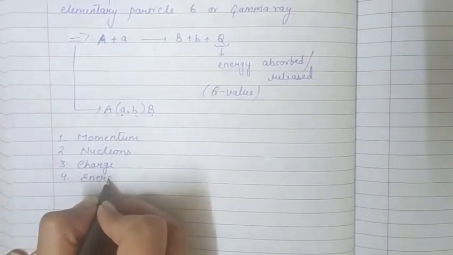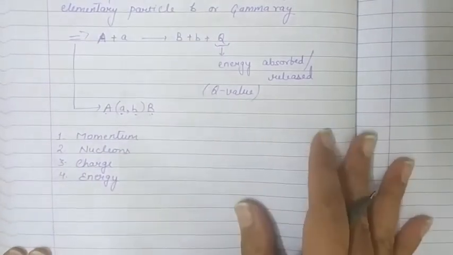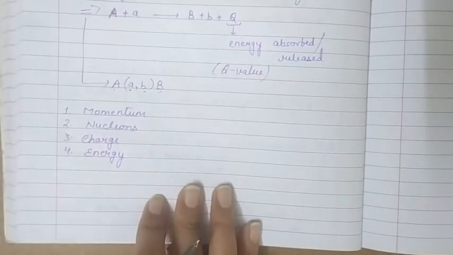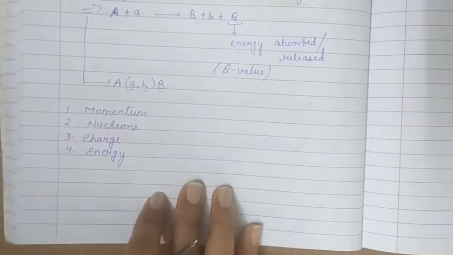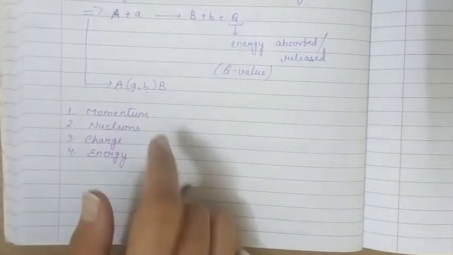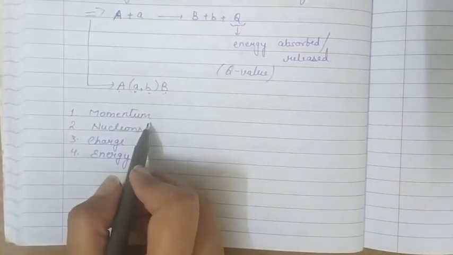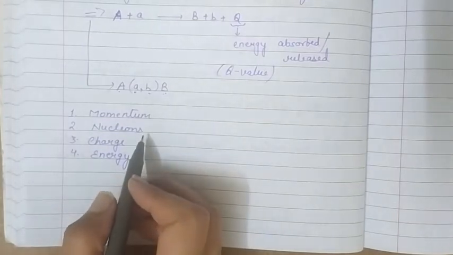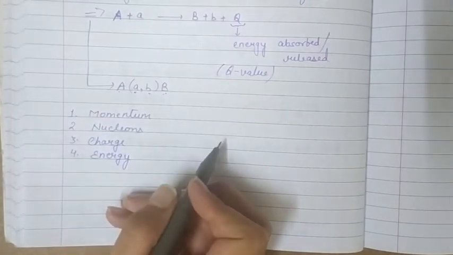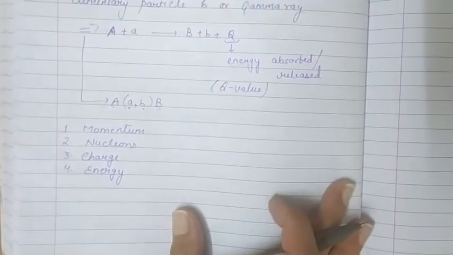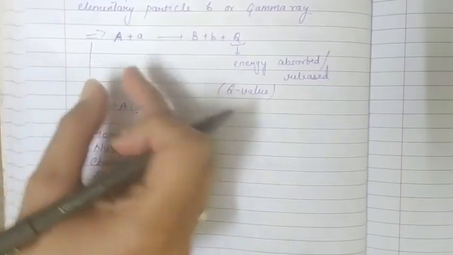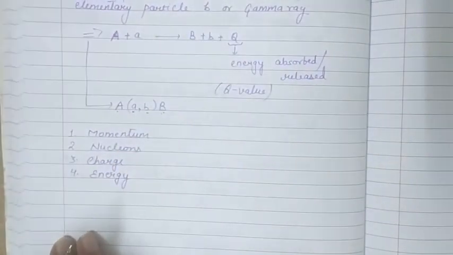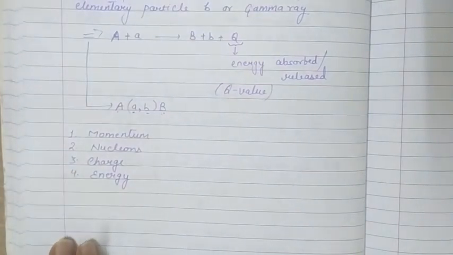During a nuclear reaction, momentum remains conserved. That means the total momentum of the particles entering the reaction is equal to the total momentum of the products after the reaction. Means the total momentum on the left side of the reaction is equal to the total momentum of particles on the right side.